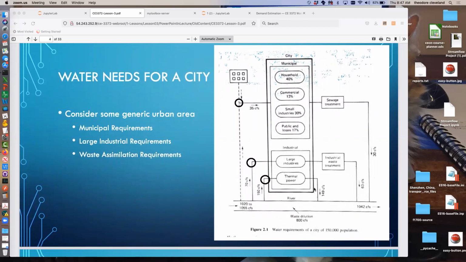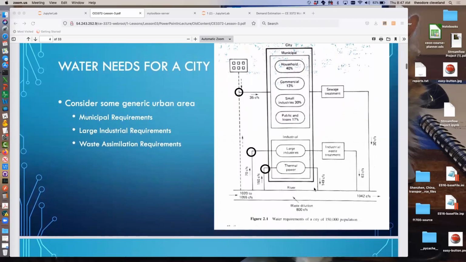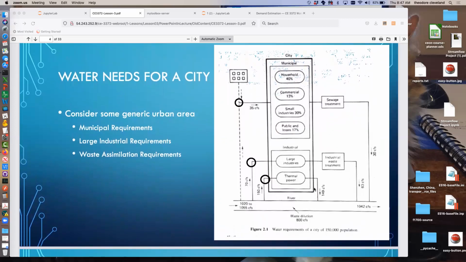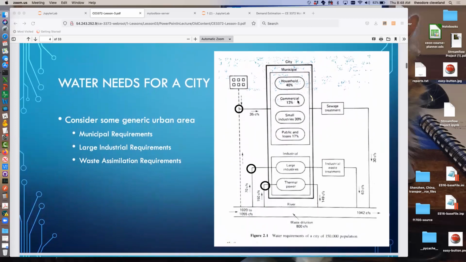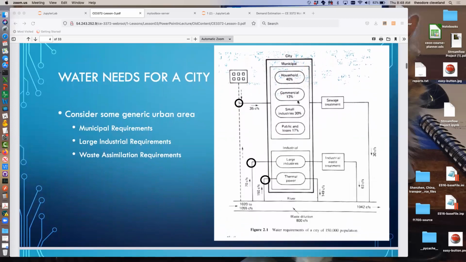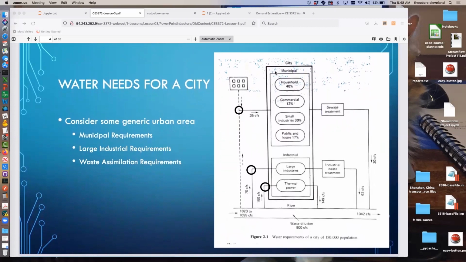So to look at some of those ideas, in case of a city as an example, if we were to consider a generic urban area, and this diagram is right out of Gupta's book. I imagine the edition you have, they've probably redrawn it, but it's pretty much the same diagram. The circles here, those are mine. You have a municipal requirement for a city.